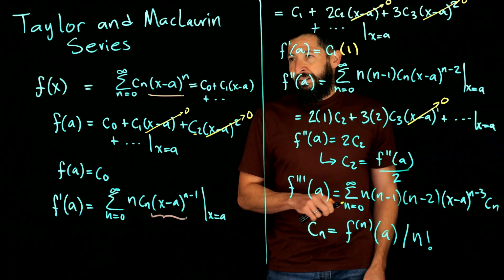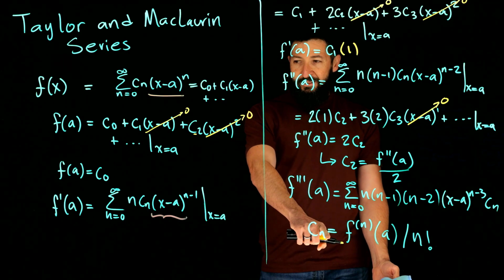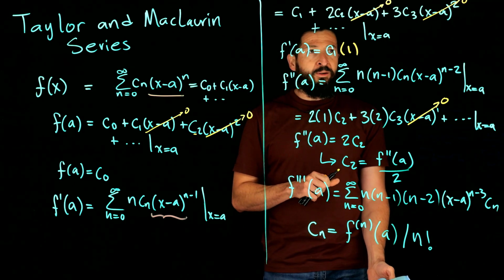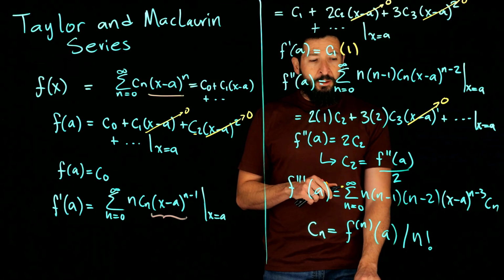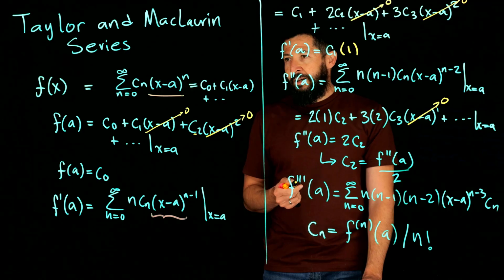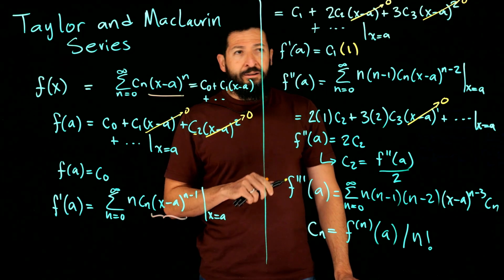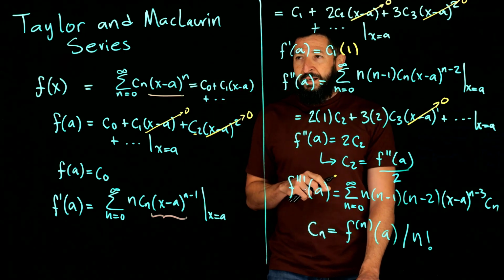So putting this together over here, I can write my expression. I'm going to leave this here, and I'm going to plug it into this equation, and we're going to get what is called the Taylor series for that function, centered at a. All right, I'm going to go ahead and erase all this and write it down.